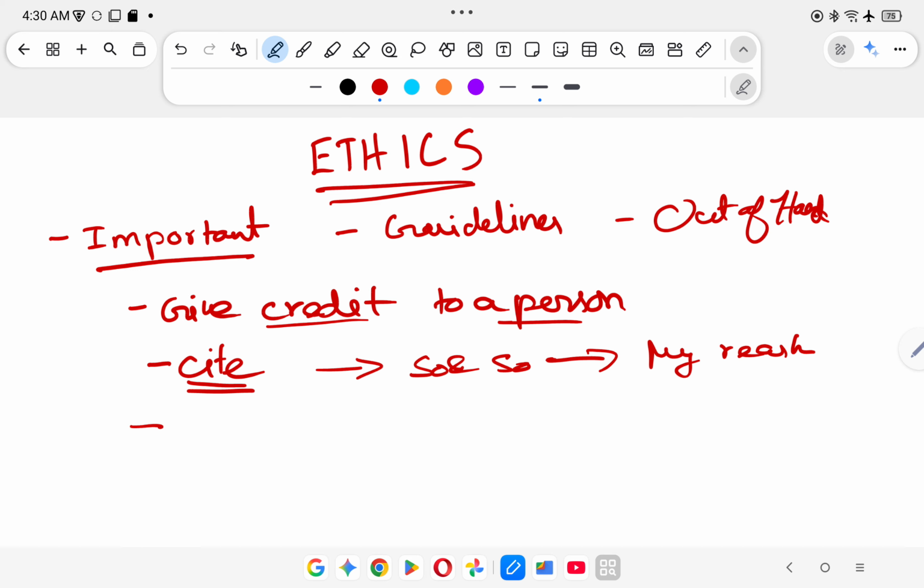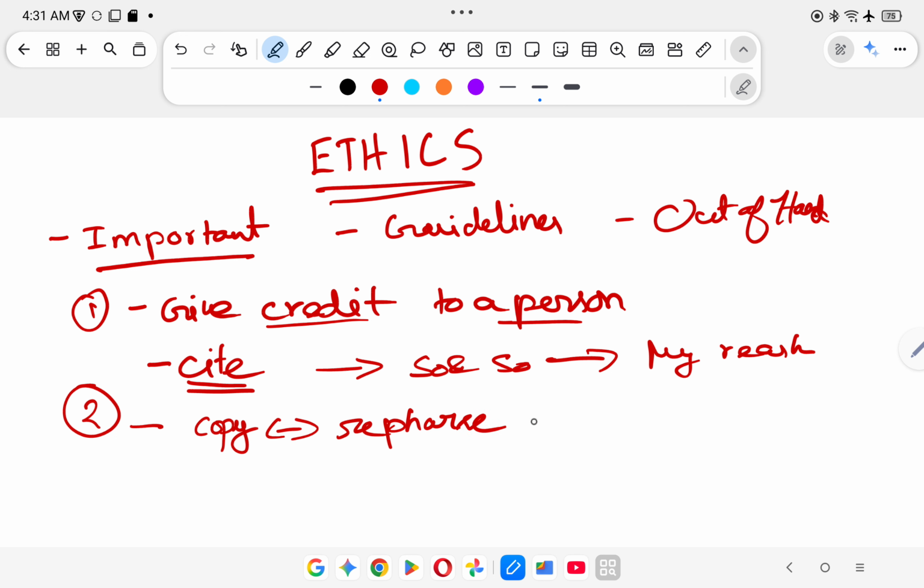Then, taking somebody else's work and claiming it as your own. Say there is an already existing research, and you're just copying certain lines and rephrasing it, so no plagiarism detector will find it, and then you present it as your own idea. This is a no, you cannot do something like this.